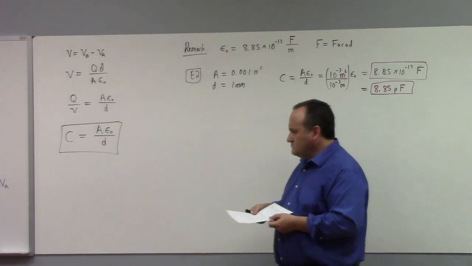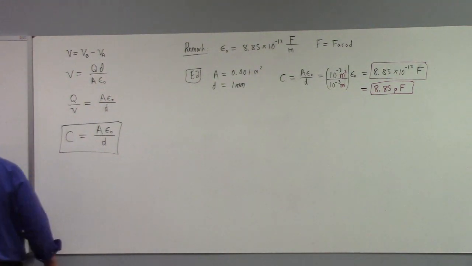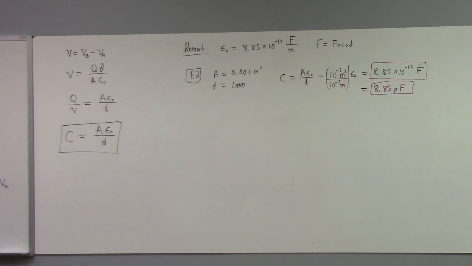Well, capacitance in a nutshell, it resists a, let's see here. Goodness, that's a good question. Heat up the wire? I don't know about that. I mean, it's a way of storing energy in an electric field. Ultimately, what's happening is as you add charge to the plates, you're storing energy in this electric field.